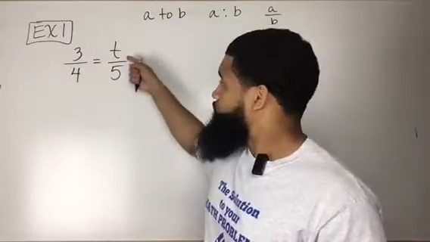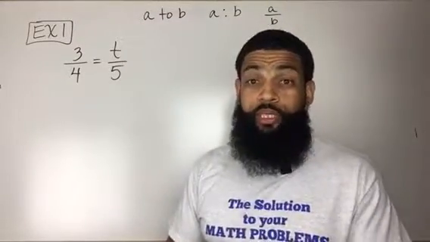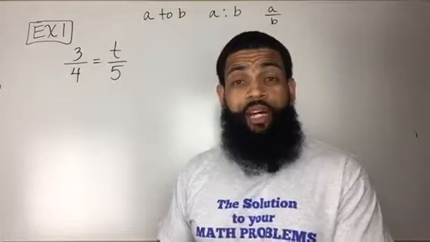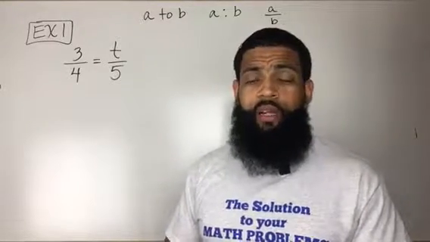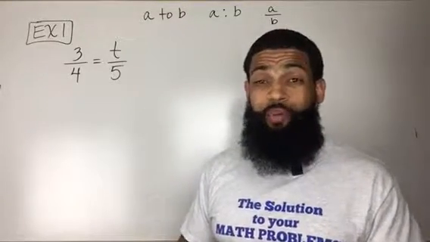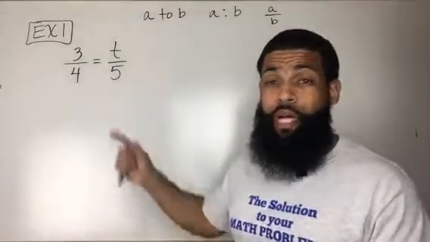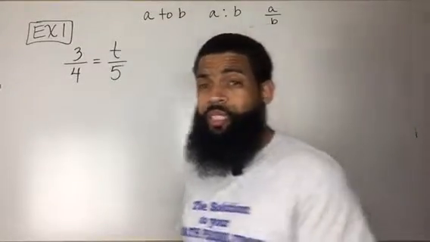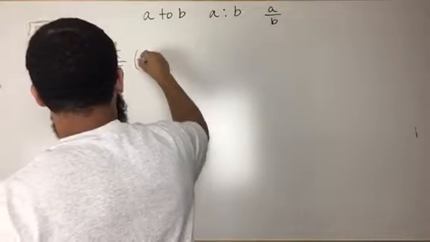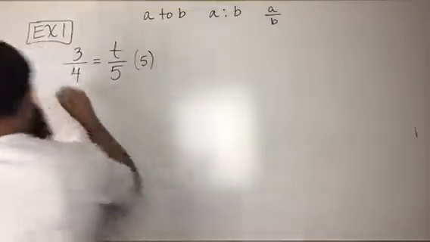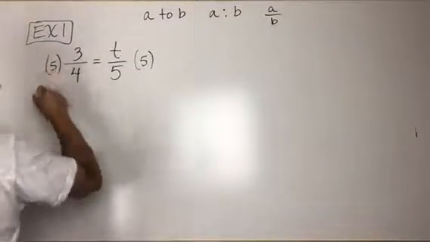And now if I have T over 5, remember a fraction bar represents division. So the opposite of dividing by 5 is multiplying by 5. So if I use the multiplication property of equality, which means I multiply by 5 on both sides, that'll get T by itself. So I'm going to put times 5 there, and I'm going to multiply by 5 here.